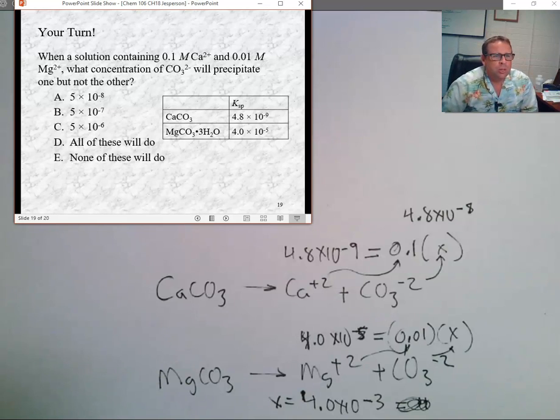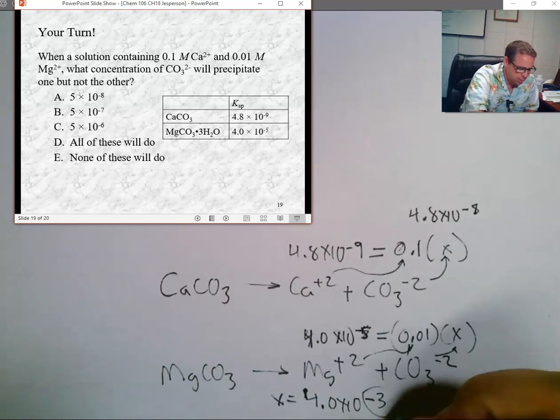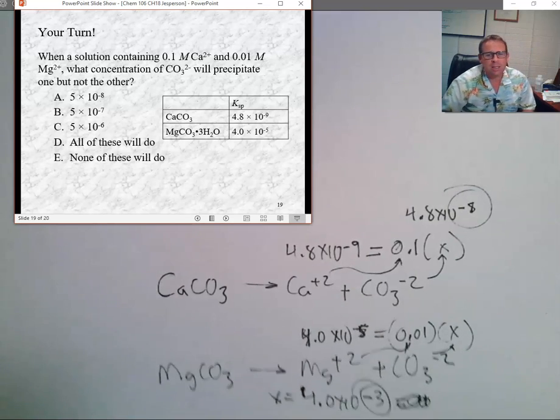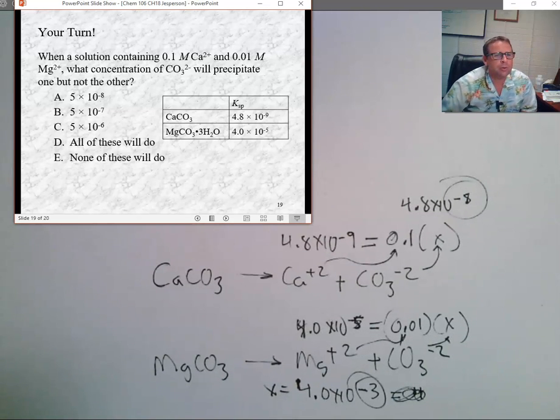Therefore, which one of these will precipitate out one but not the other? We're at 3 and the minus 8. So it would have to be in between 3 and 8, so two of them are in between. Let's see, is 5 times 10 to the minus 8?